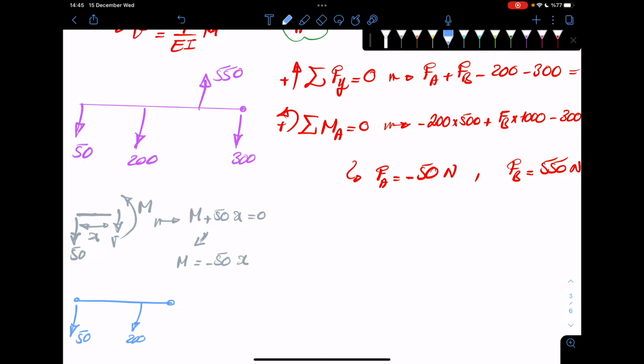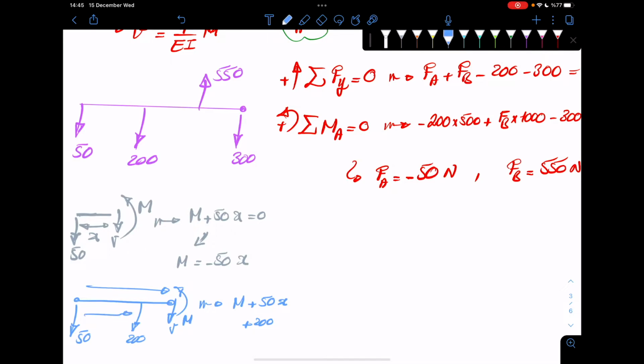So your moment then, and again, this is your V, this is the moment. Your moment would have both contributions. So it would be M plus, let's say this distance would be x. So again, 50 times x plus that 200 times x minus 0.5.